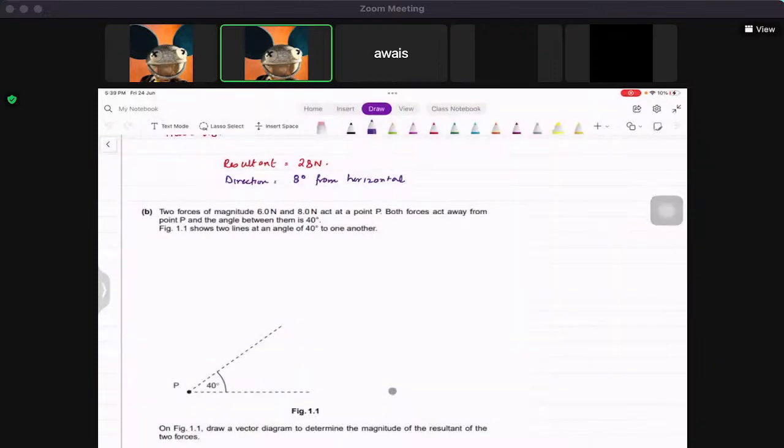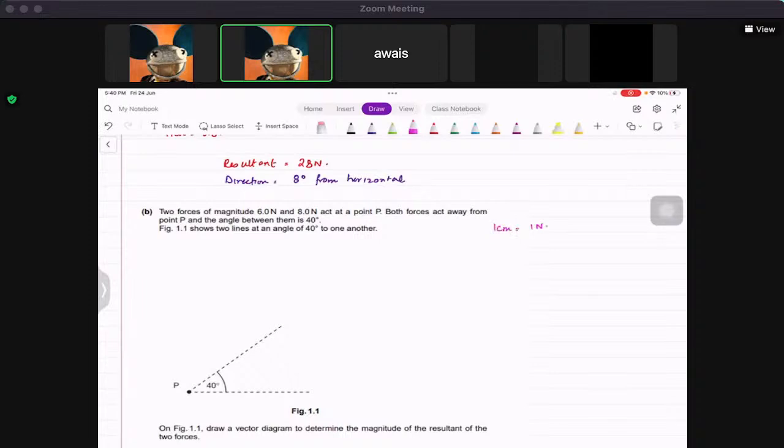All right. So what you're gonna do is take a scale. Suppose because this is 6 newtons and 8 newtons, I can take 1 centimeter equals 1 newton. You could do that, or 2 newtons, it's up to you, it does not matter.